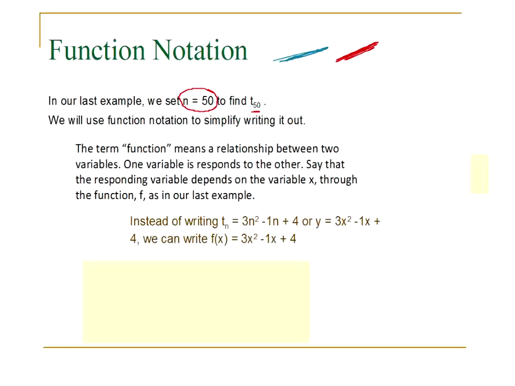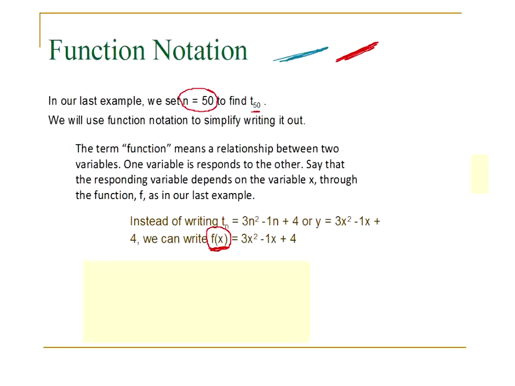So instead of writing Tn equals 3n squared minus 1n plus 4, or using x and y, I can now write the function depends on x in this relationship, 3x squared minus 1x plus 4. So f of x, this isn't f times x, although it looks like that. Because of this notation, we would just understand that this is the case, which means I'm not going to use variables like f, because that would just be confusing. So this f of x tells us that the function depends on x.